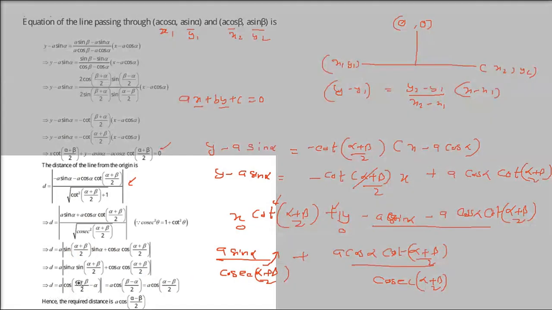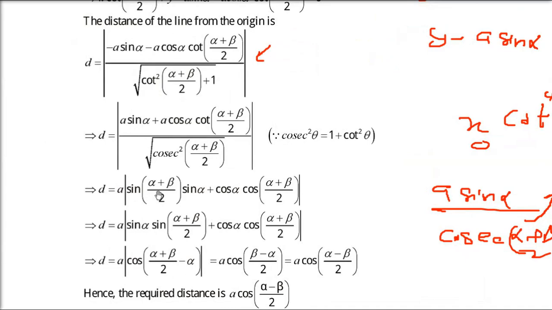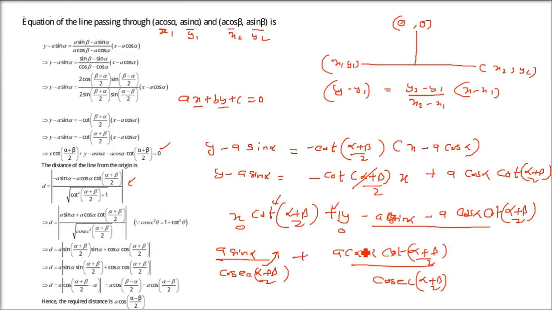It will be sin alpha plus beta by 2. This is the upper one. And for the lower one, cosec we have taken it up, and here we have a cos alpha cot alpha plus beta by 2 and cosec alpha plus beta by 2. And cot is cos by sin, sin gets cancelled because cosec will go up.